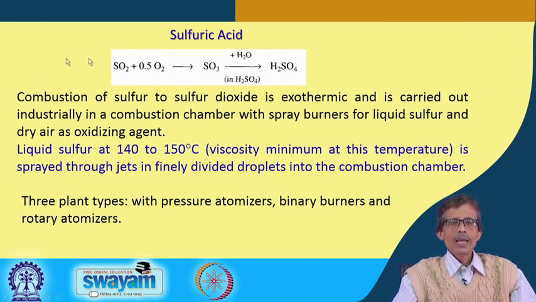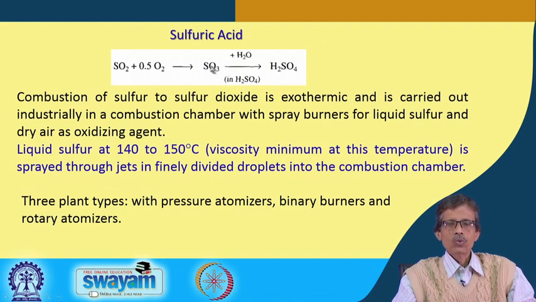So, towards the left basically, what we are doing is that elemental sulfur is in your hand and you burn it in plenty of air, a huge amount of air. So, sufficient air is available for oxidation of your sulfur to sulfur dioxide, and that sulfur dioxide has to be converted to sulfur trioxide.